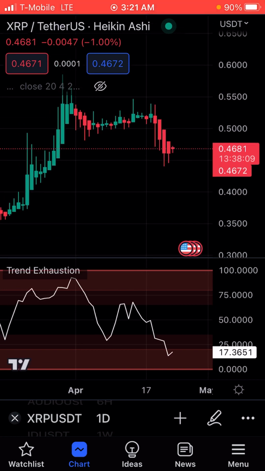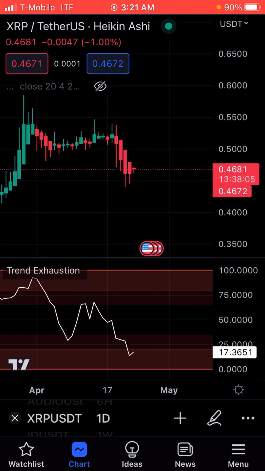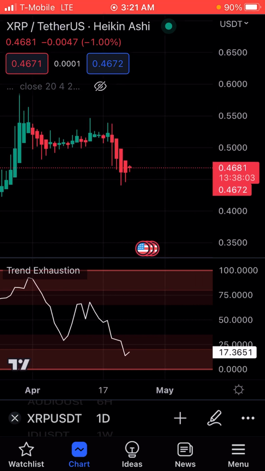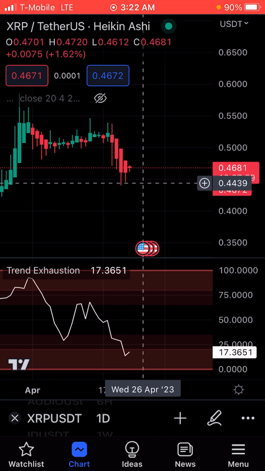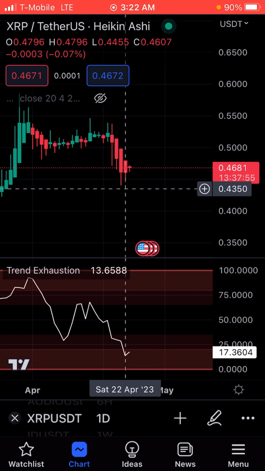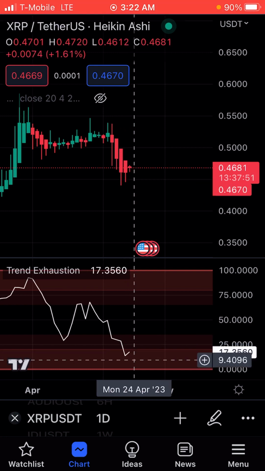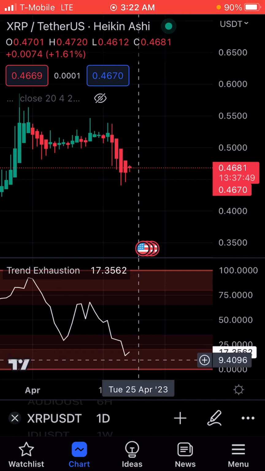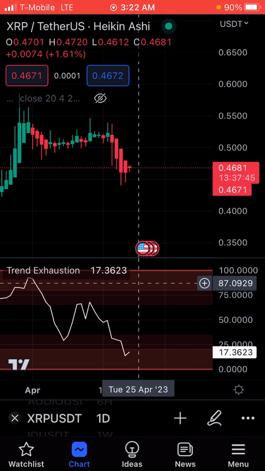But anyway, what you want to look for is, look at a couple cryptos, because the goal of this strategy is first you got to look on the day. And on the day, you want to see if this line on the trend exhaustion is all the way down here, getting as close to the bottom as possible, or close here at the top as possible.